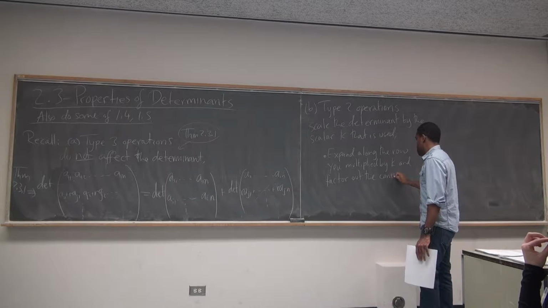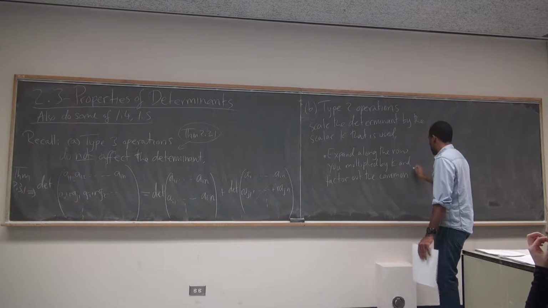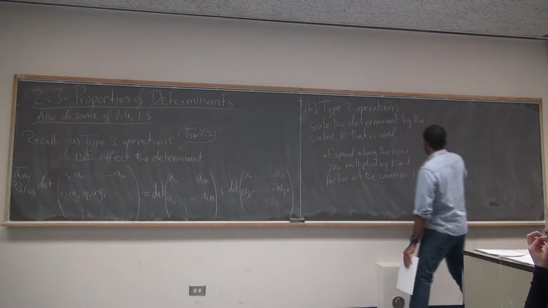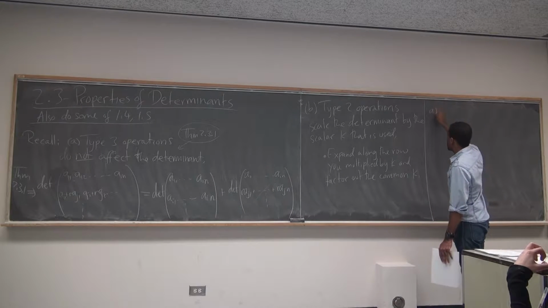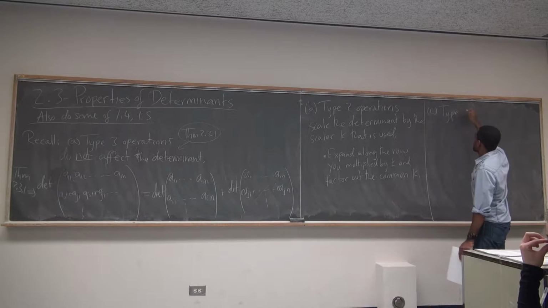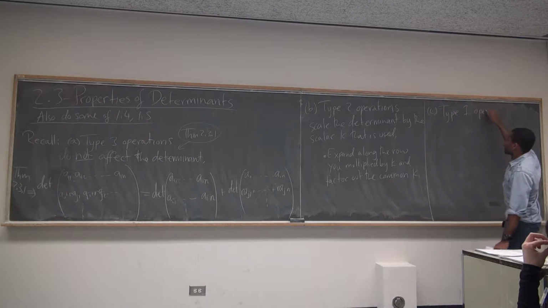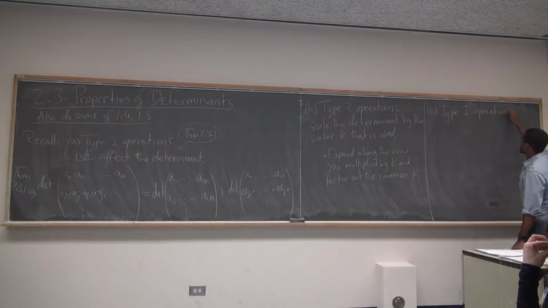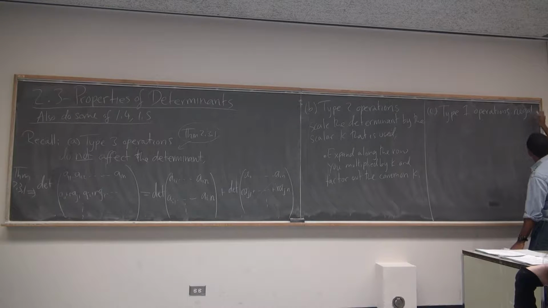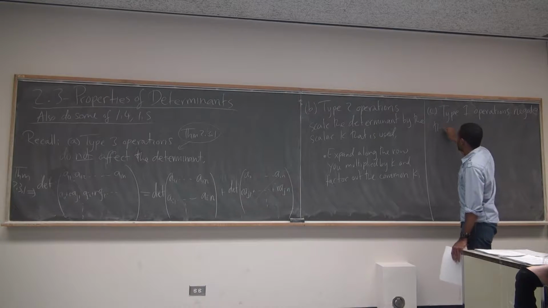And you'd be left with the original determinant beside it. C was type 1 operations, meaning you switch 2 rows, and it turns out you take the negative of the determinant. They negate the determinant.